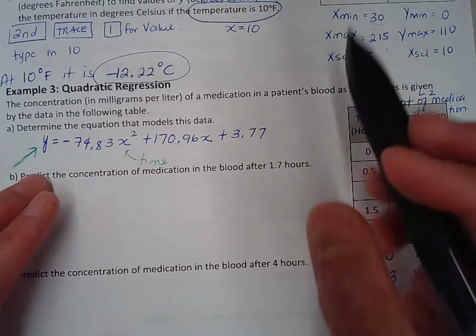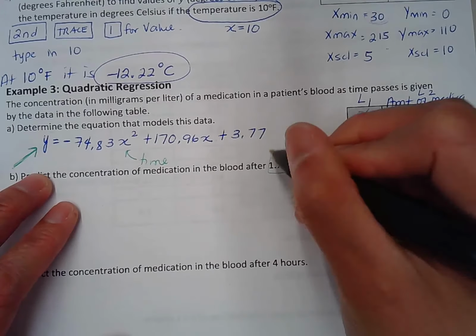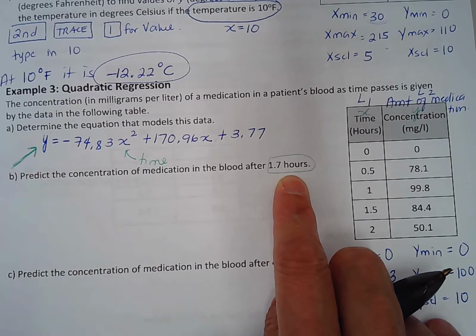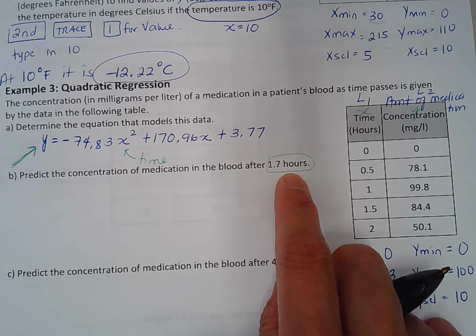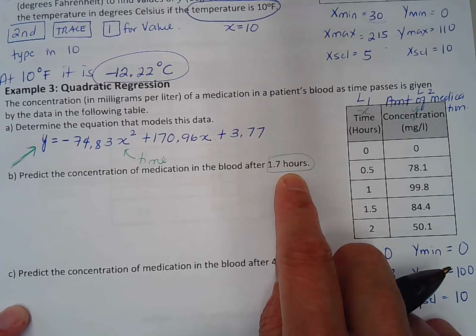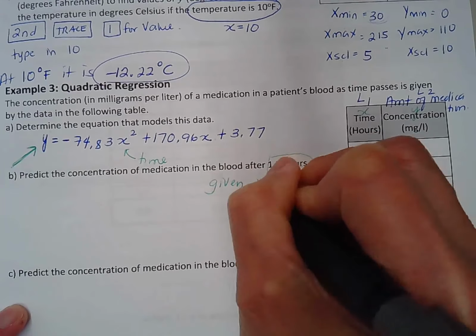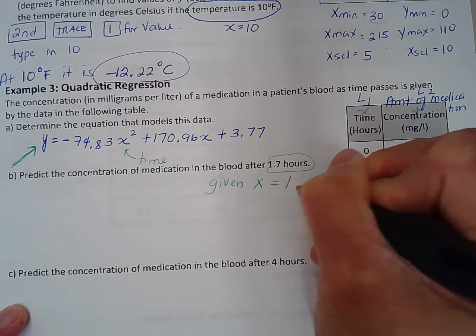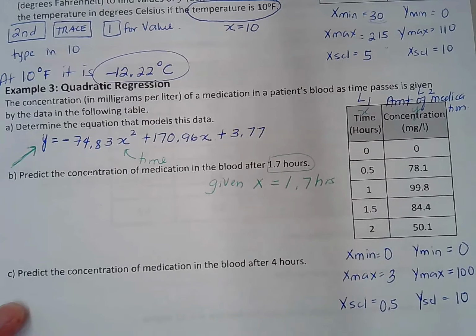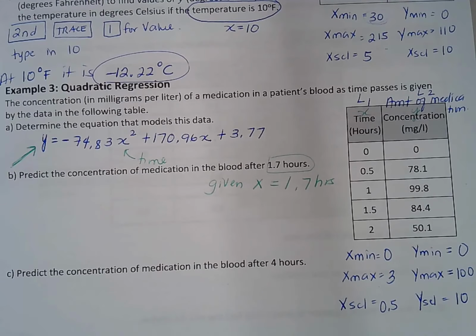So in this situation, which value is this? Is this your x or is this your y value? X. Yeah, so they're giving us the x value. So given x equals 1.7 hours, what we're going to do is use our regression equation to calculate the y.